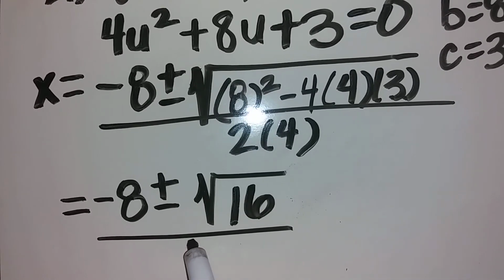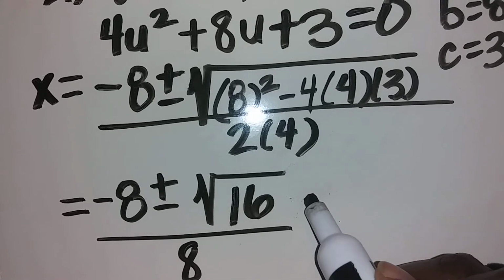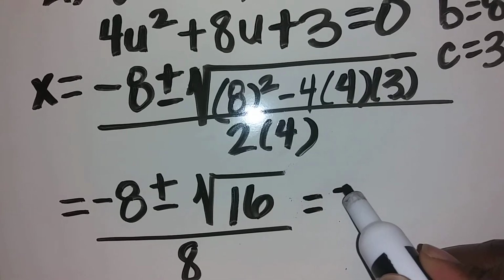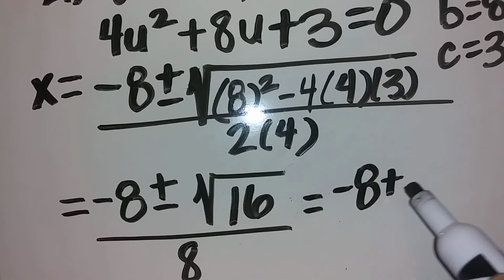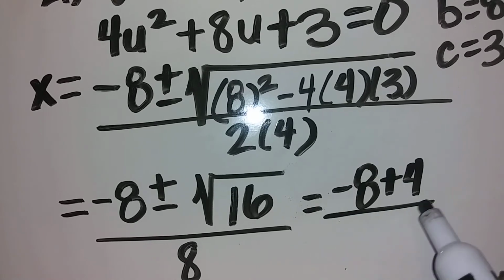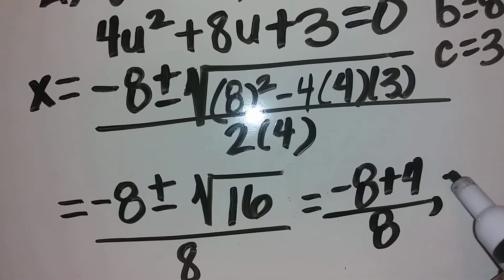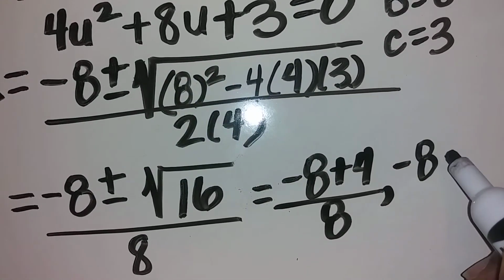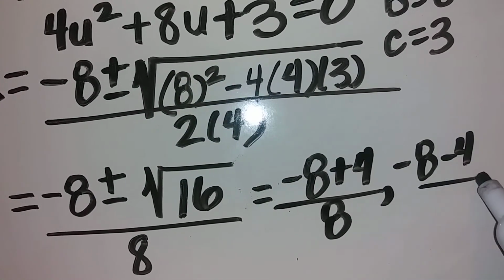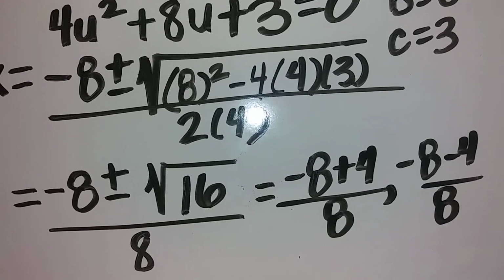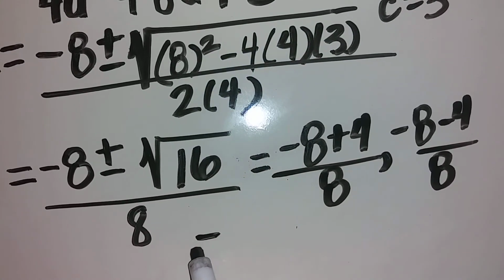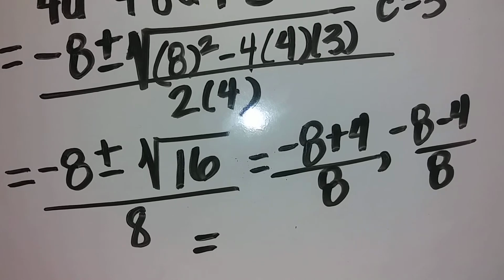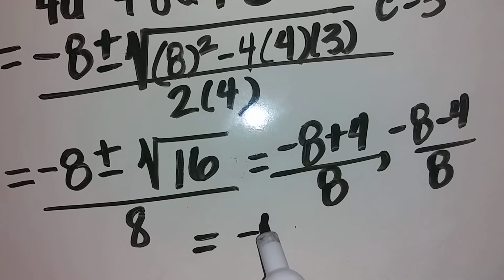2 times 4 is 8. We want to separate this into negative 8 plus the square root of 16, which is 4, over 8, comma, negative 8 minus 4 over 8. Okay, so let's skip a little more steps. I know that negative 8 plus 4 is negative 4 over 8.